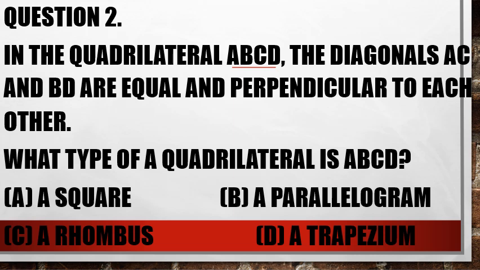So where the diagonals are perpendicular, we know that in a rhombus the diagonals are always perpendicular to each other. If ABCD is a rhombus, then its diagonals will be perpendicular to each other.